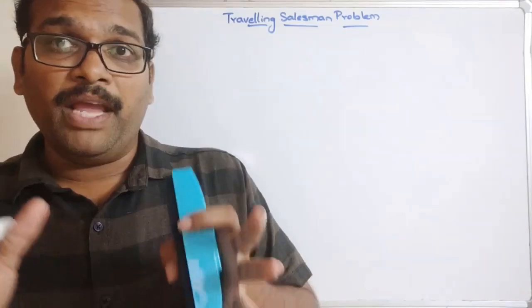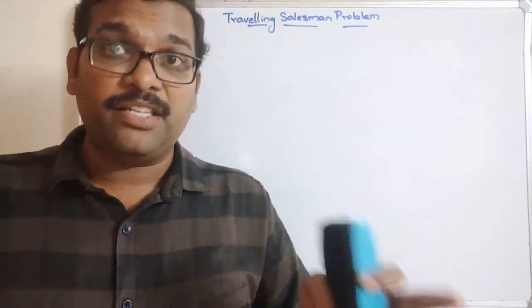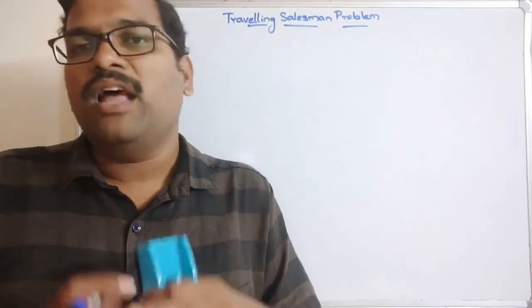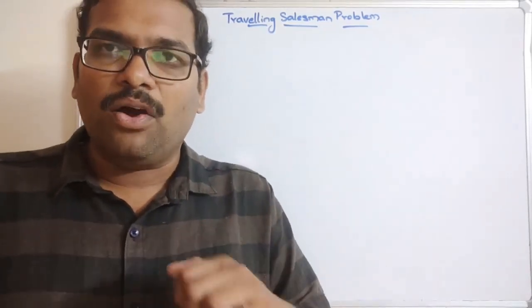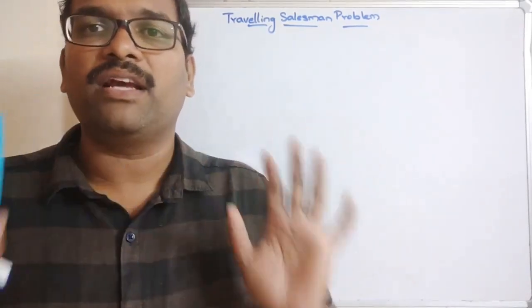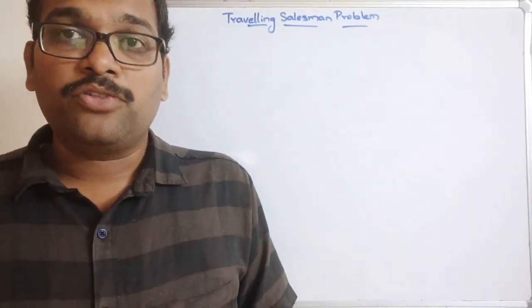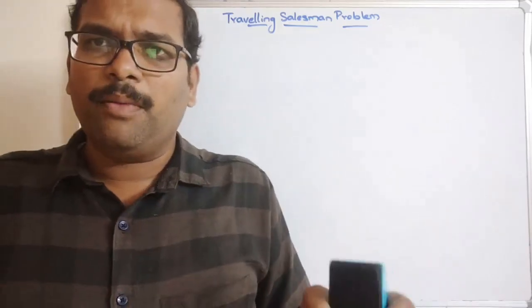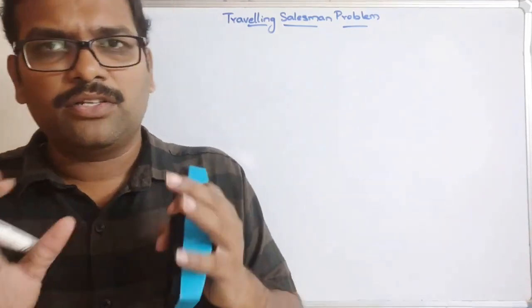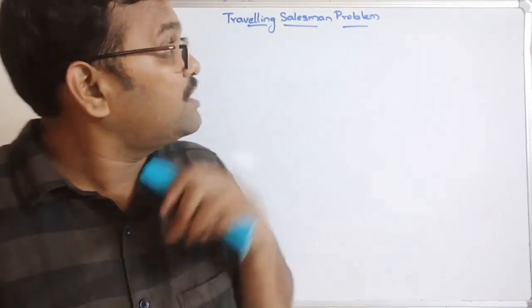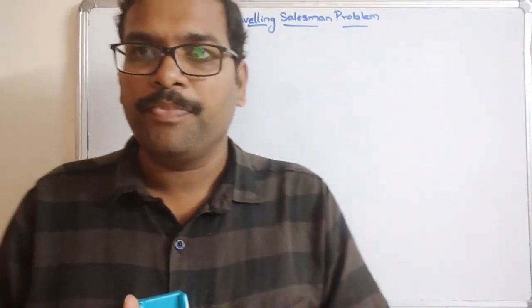This is also mainly used to solve optimization problems, where there will be a lot of solutions. Among them, we have to select the optimal solution based upon the given constraint. So this is about dynamic programming. We have seen all this in our previous sessions. I'll post the link in the description, so just go through it. And now we'll see what the traveling salesman problem is.